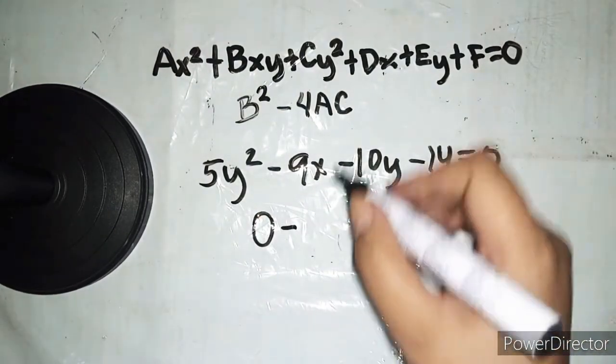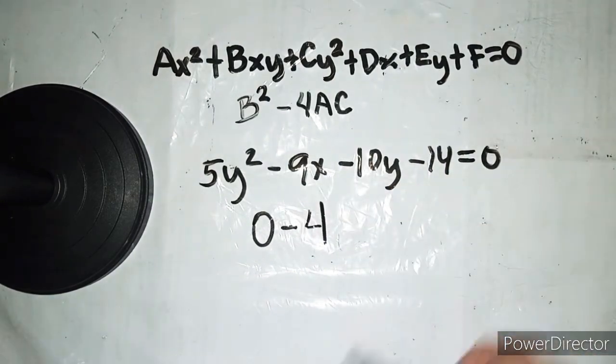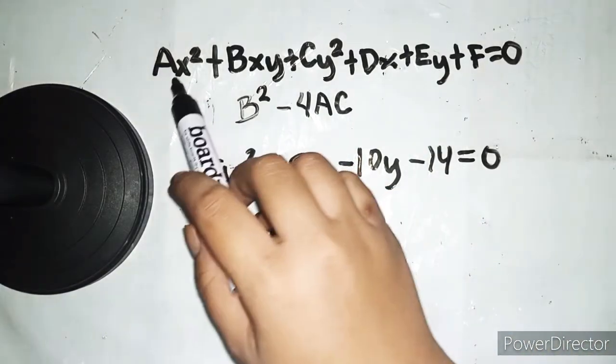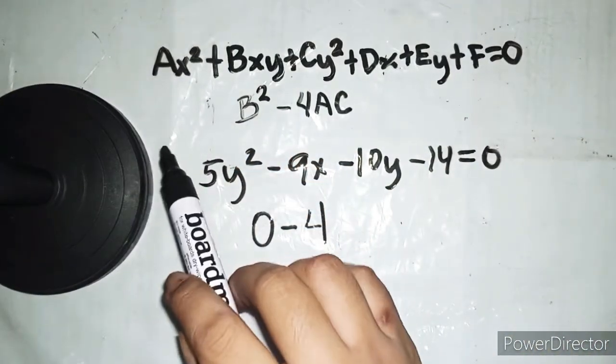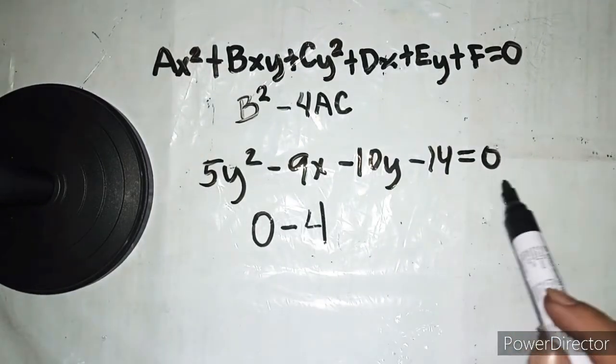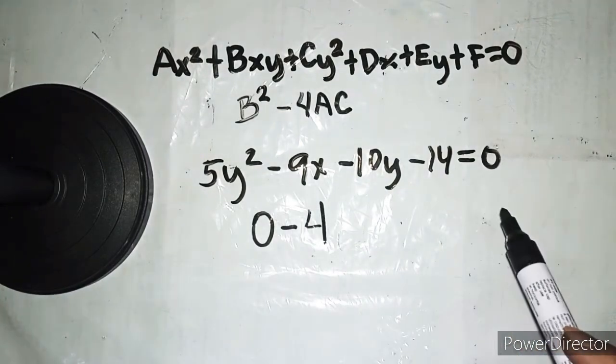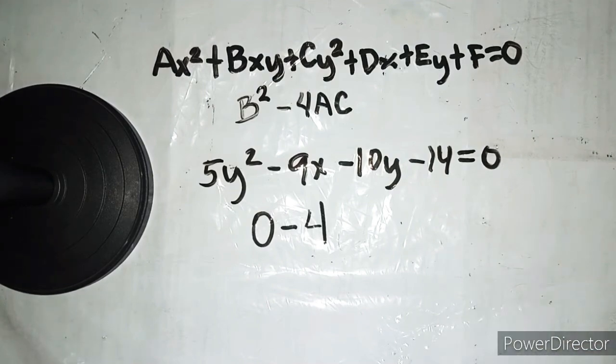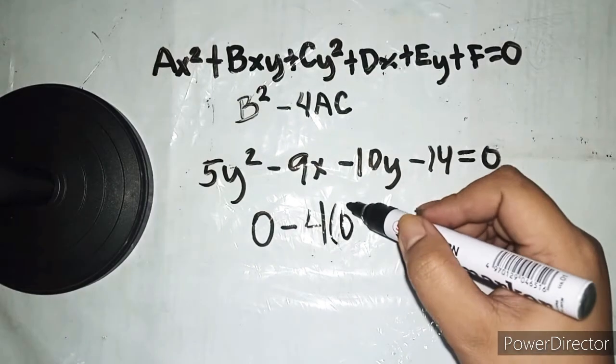Next, minus 4. Then let's find the value of a. In our general equation, we have ax squared. Here in the given equation, we don't have x squared, so the value of a is 0.